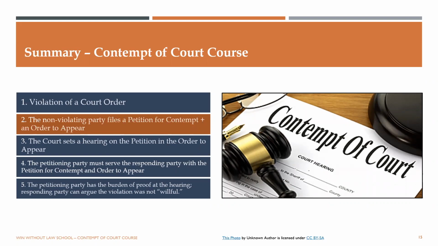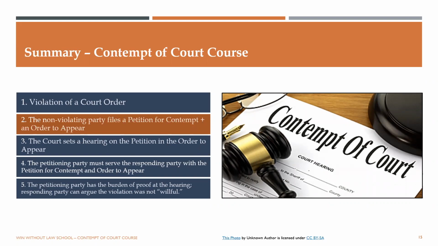The court will set a hearing on the petition, and the court sets the hearing in the order to appear document. Once the petitioning party receives that completed order to appear from the court, then they need to serve the petition and order to appear on the responding party.